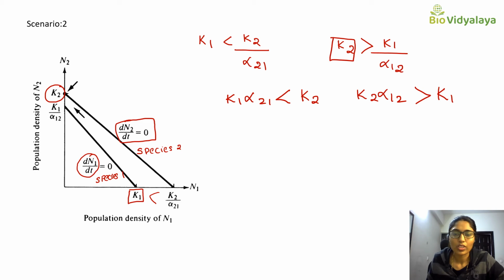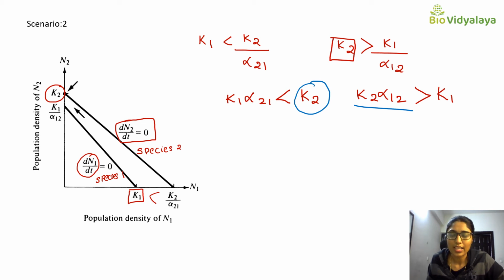So here also we can see that the competition coefficient of species 2 is greater, isn't it? And the carrying capacity of species 2 is also greater.